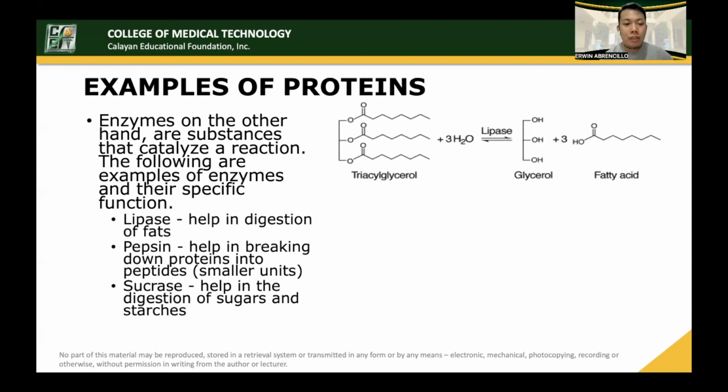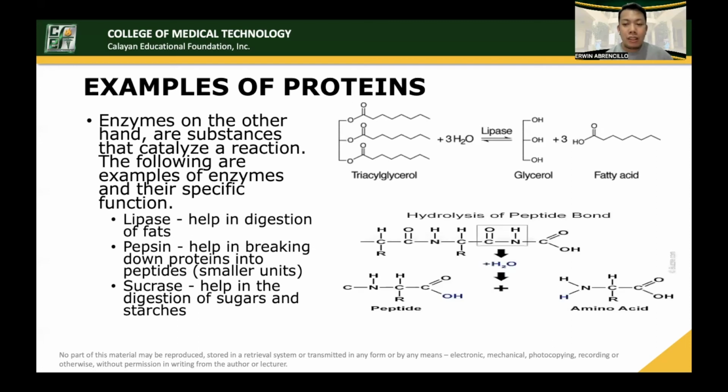And then we have here pepsin. This is the hydrolysis of peptide bonds. Of course, though there is a hydrolysis or the addition of water, there is a role of pepsin that helps in the breaking down of protein. This one on top is the protein, broken into smaller units of peptides and then amino acids.